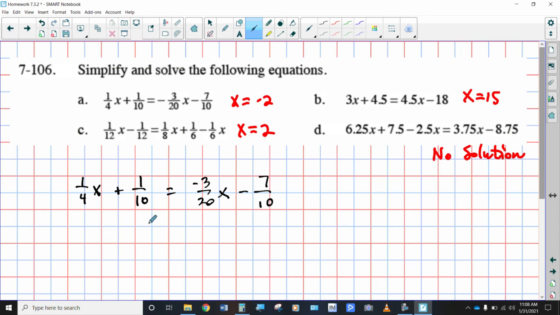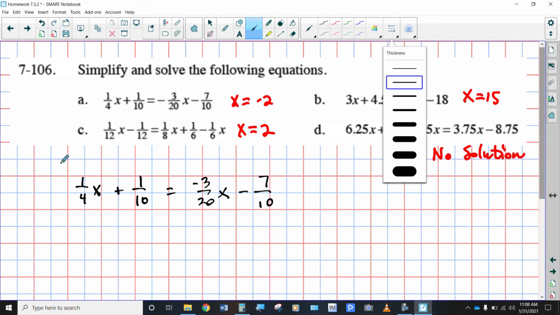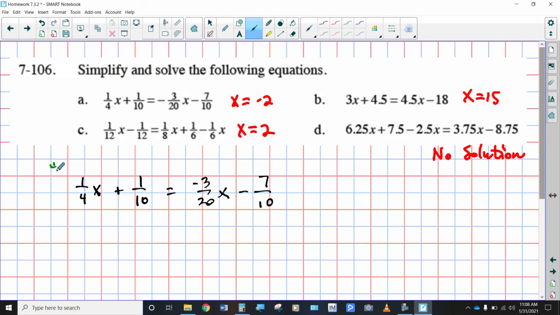All right. If I multiply everything times 20, that will cancel out the 4, the 10, and the 20. So I'm going to manipulate this a little bit. I'll call 20 like 4 times 5 here, and I'm going to call it 2 times 10 here.